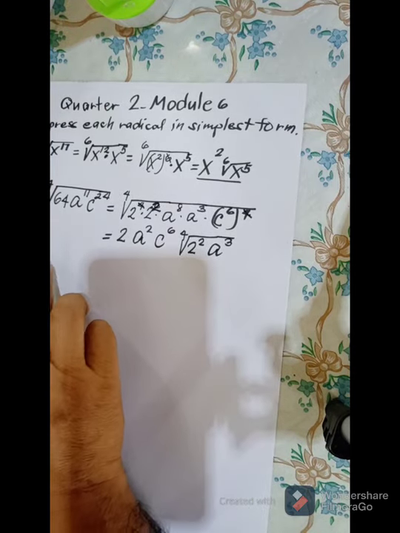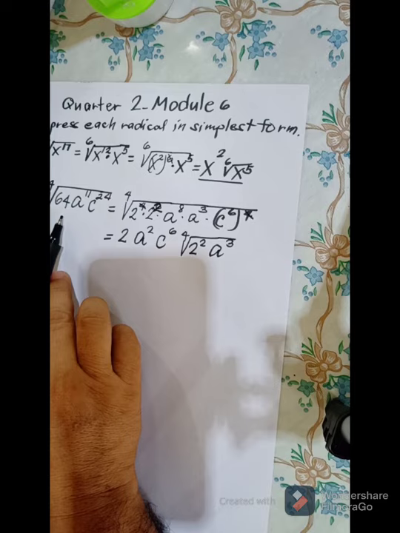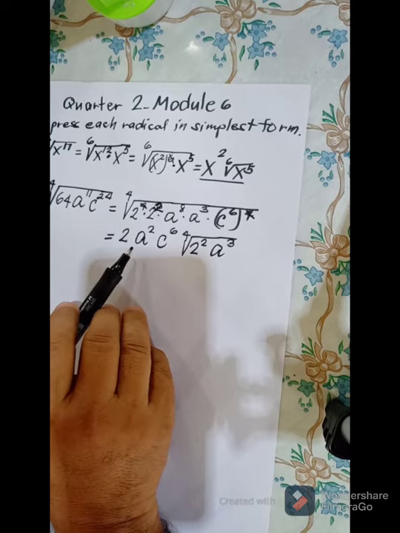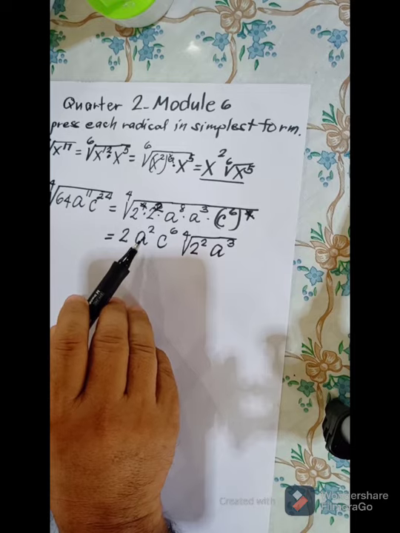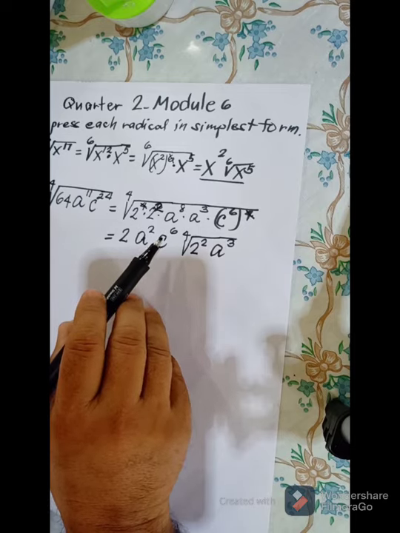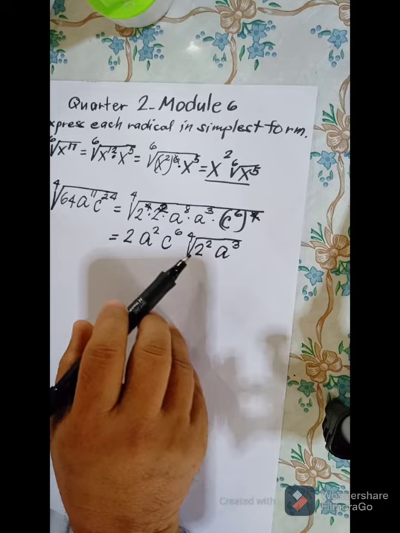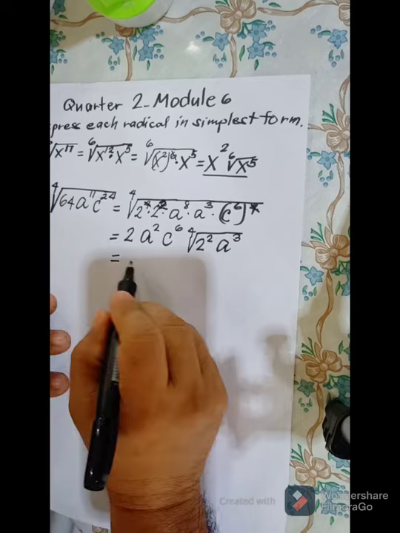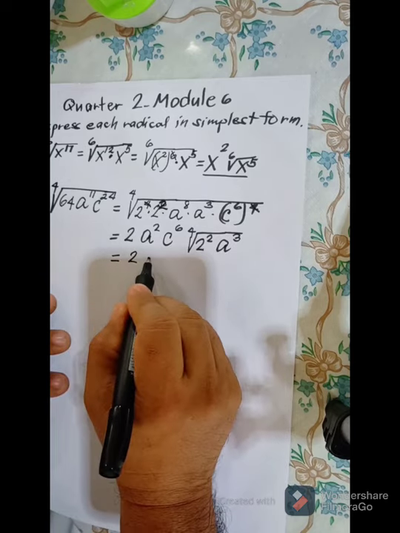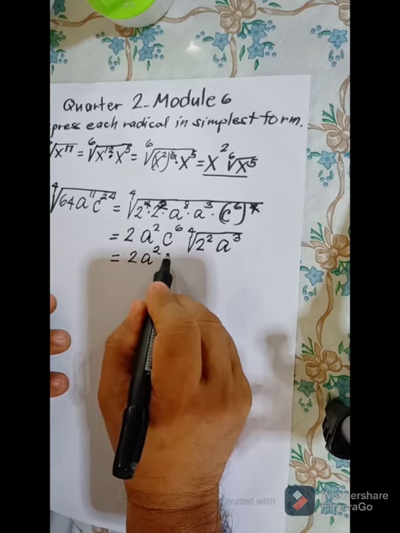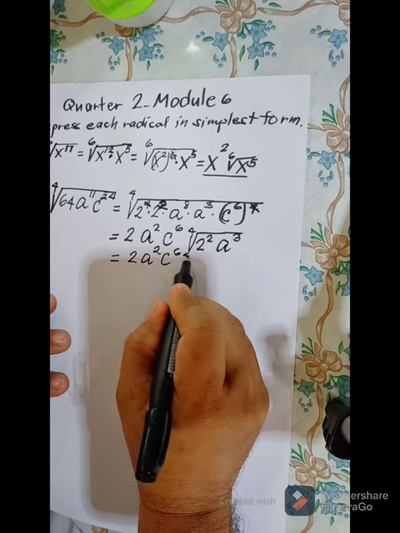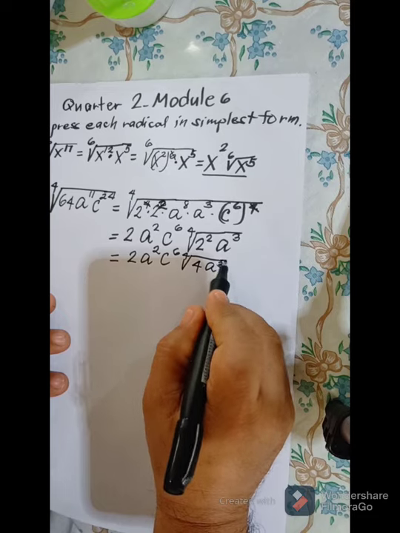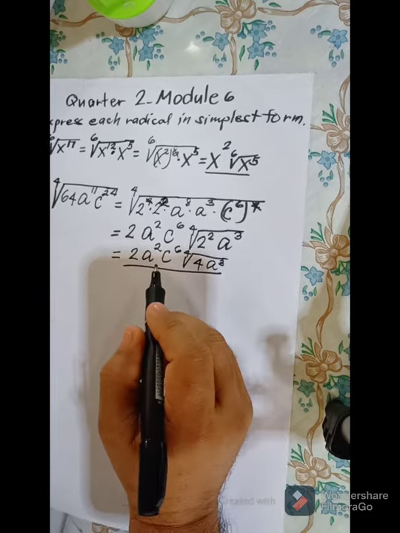So the simplified form of the fourth root of 64 a to the power 11 c to the power 24 is 2 a squared c to the 6th, fourth root of 2 squared a cubed. However, 2 squared is 4. So the final answer is 2 a squared c to the power 6 times the fourth root of 4 a cubed.